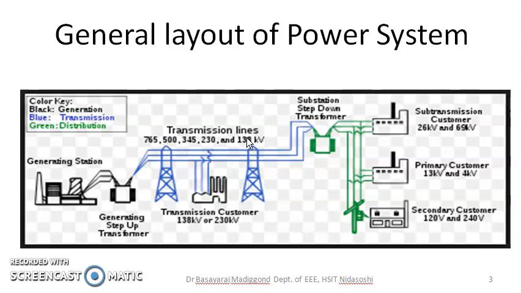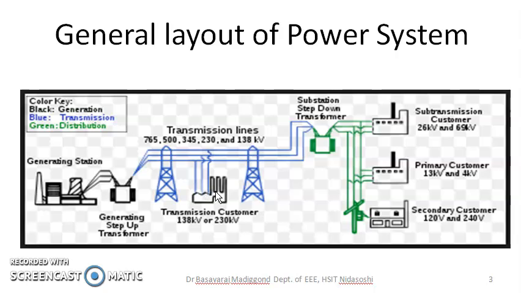I have written here that transmission line voltages may be 138 kV, 230 kV, 345 kV, 500 kV, 765 kV. There are different levels of transmission line voltages, and these depend on the length of the transmission line and the consumers we are supplying. This high voltage, let us say 220 kV, is transmitted over a transmission line. Then it will be received at the receiving station.